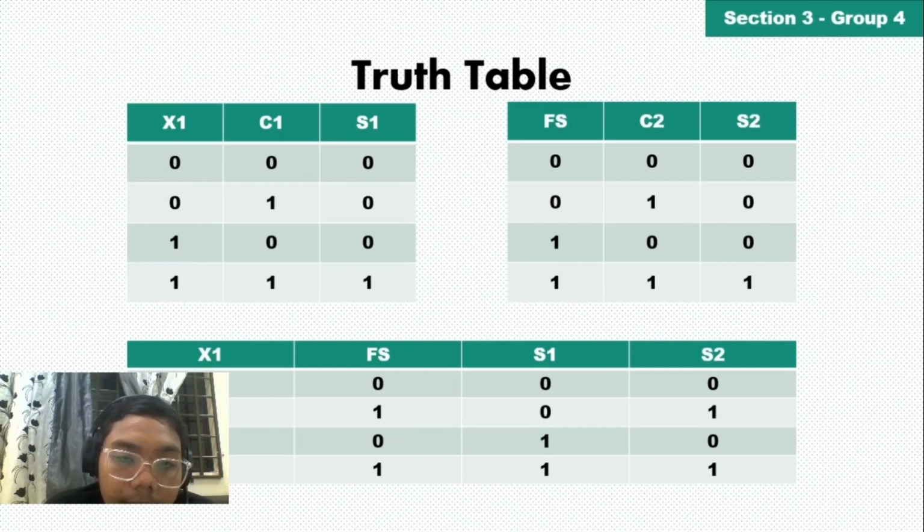And when the circuit is built and X1 and FS are given: when X1 and FS are 0 and 0, the S1 and S2 outputs become 0 and 0. With input 0 1 for X1 and FS, S1 becomes 0 and S2 becomes 1. When X1 turns to 1 and FS turns back to 0, which is 1 0, S1 will turn into 1 and S2 becomes 0.